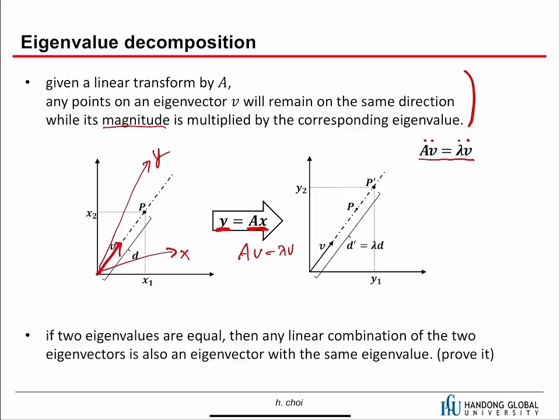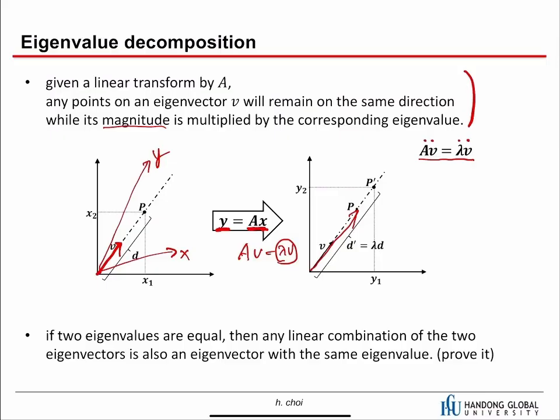We have vector V, and after applying the matrix A, the result is lambda V. We just change the scale, not the direction.